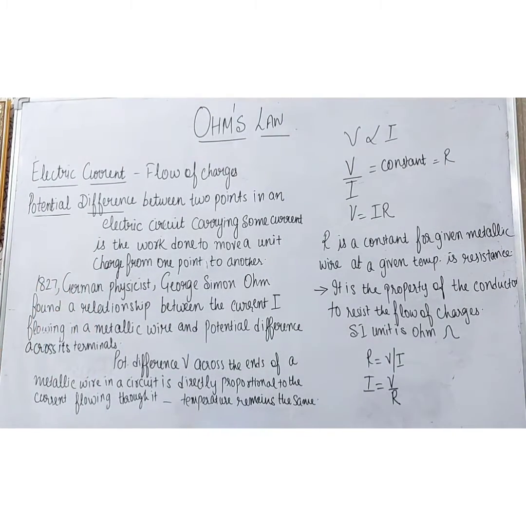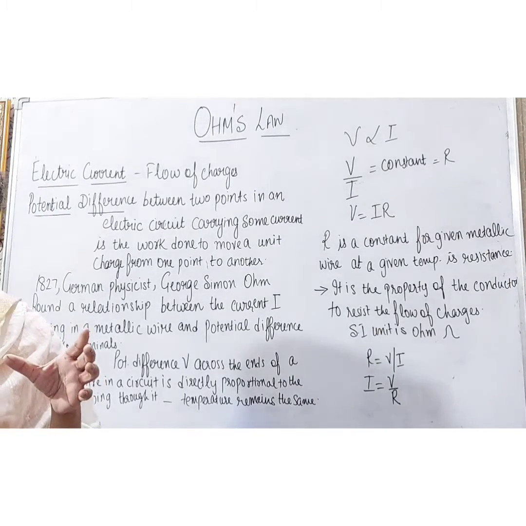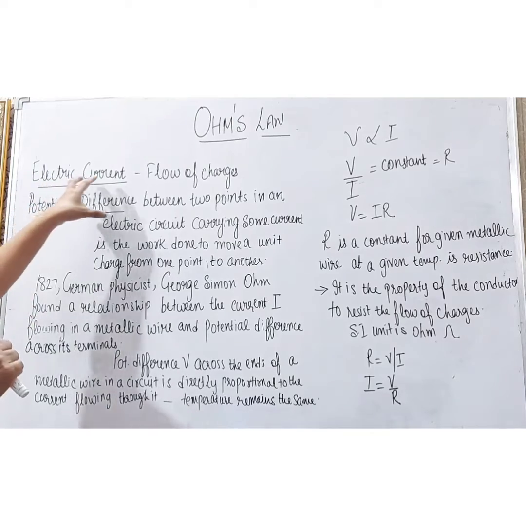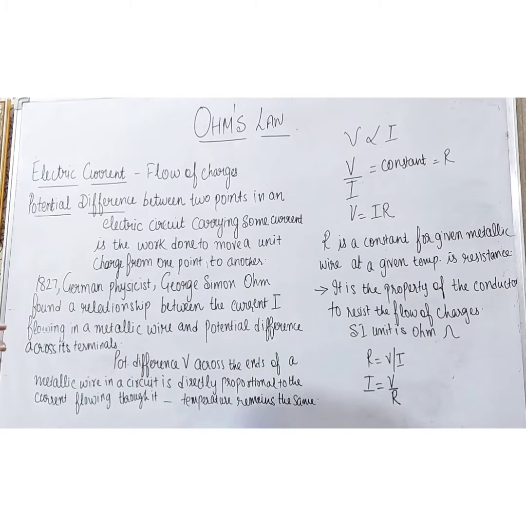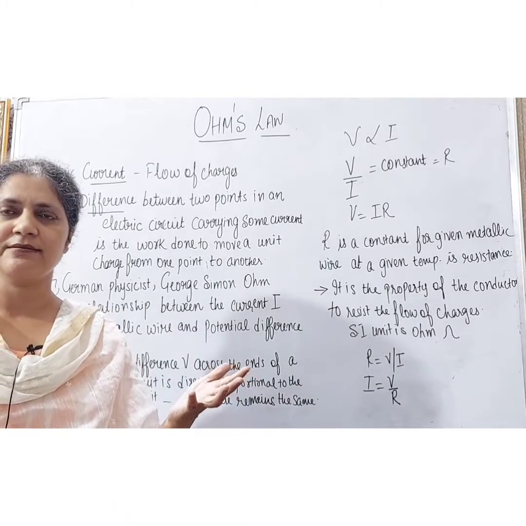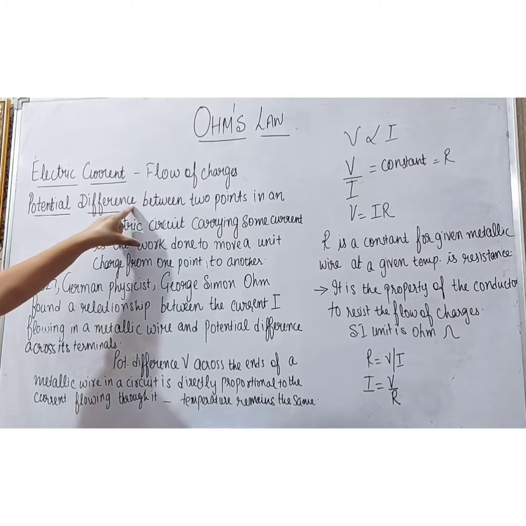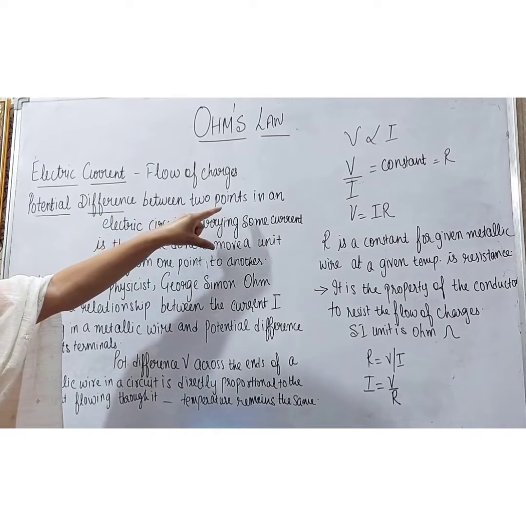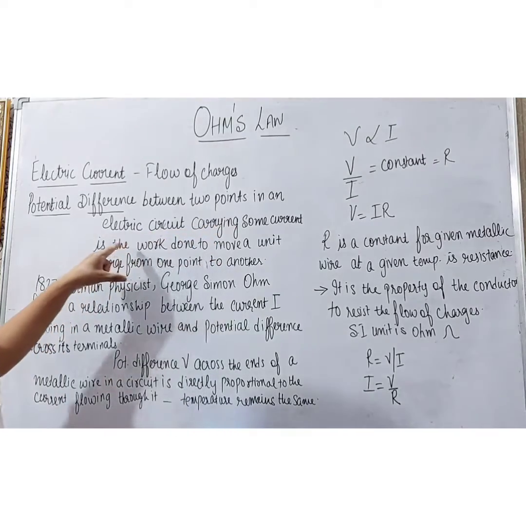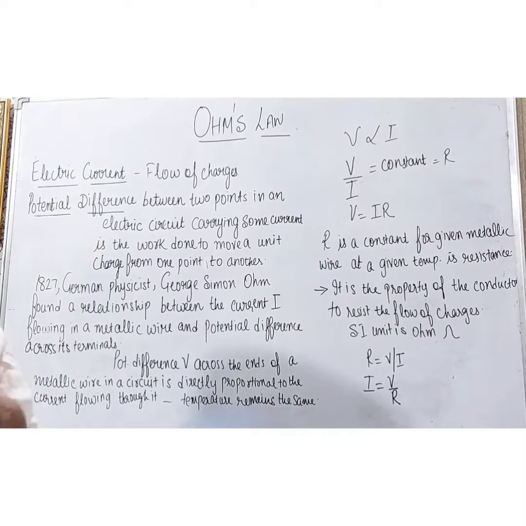Right students? Because in Ohm's law, three things are very important. First is electric current, which we discussed earlier, is the flow of charges. Right students? And what was the potential difference? Potential difference between 2 points in an electric circuit carrying some current is the work done to move a unit charge from one point to another.